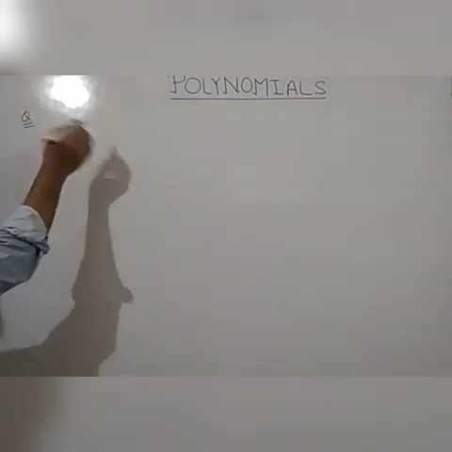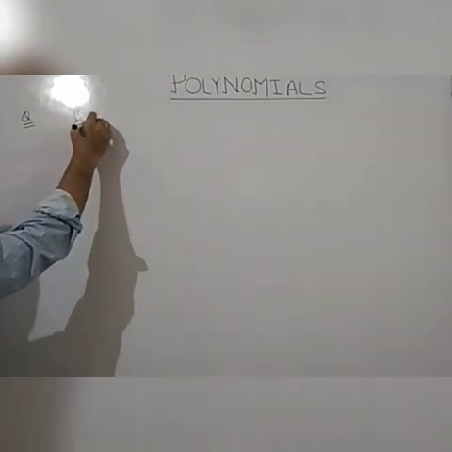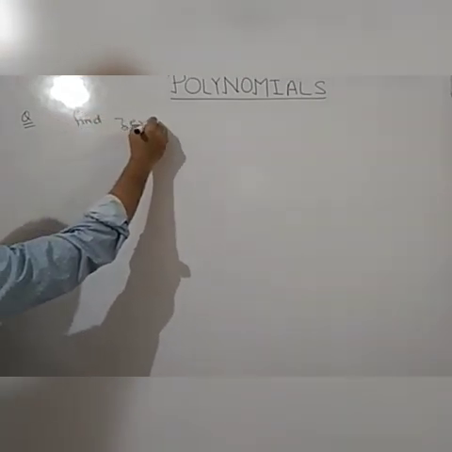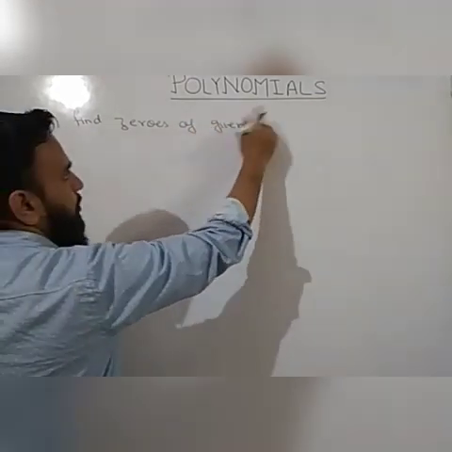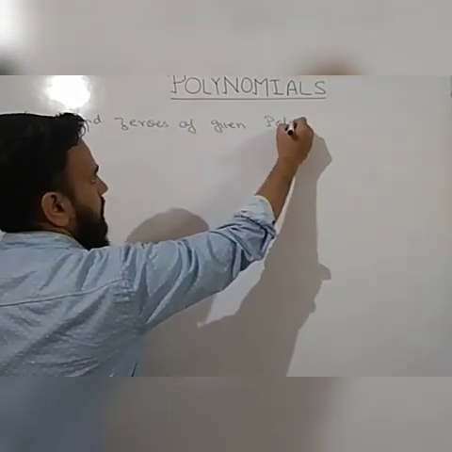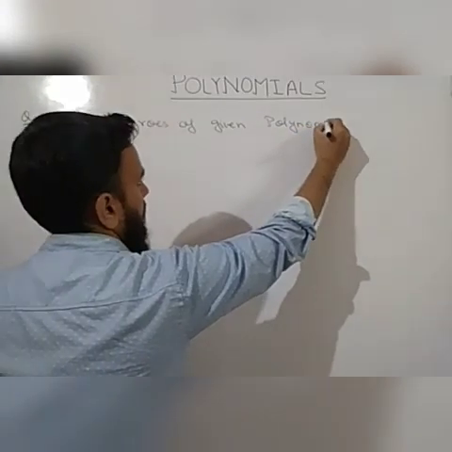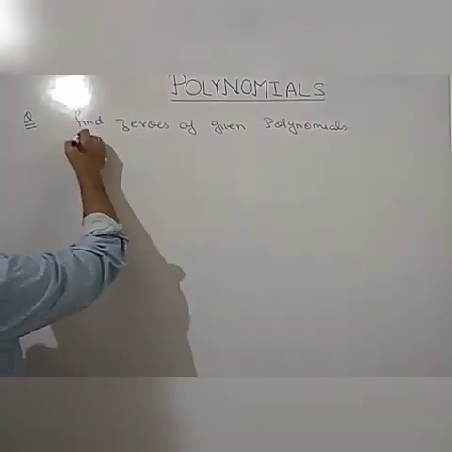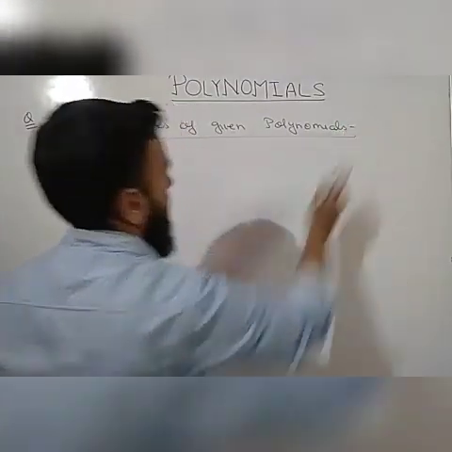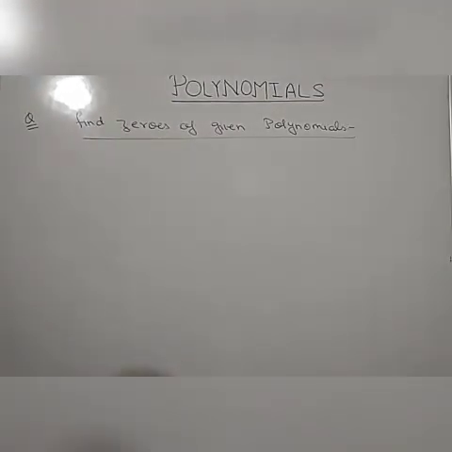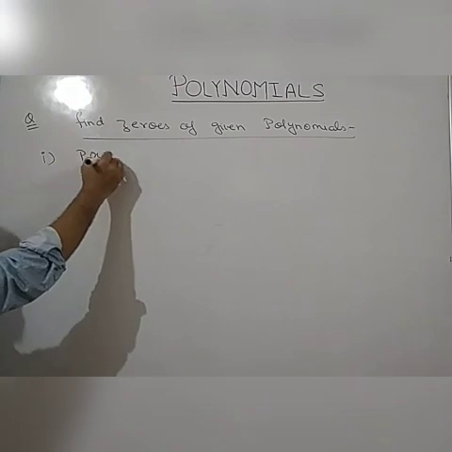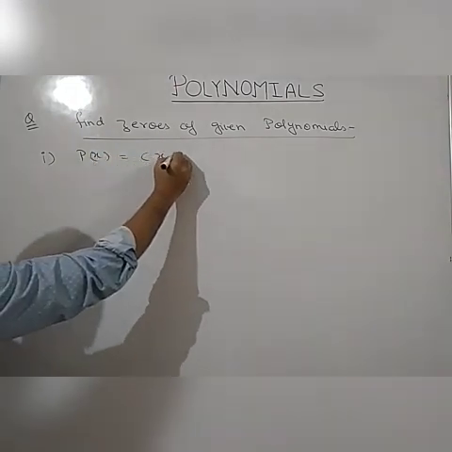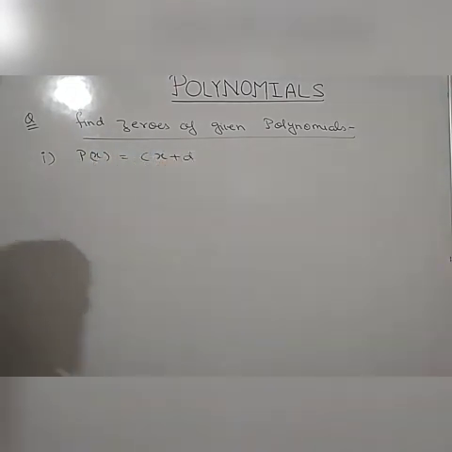If you have to find the zeros of given polynomials. You are given the first polynomial as p(x) is equal to cx plus d.